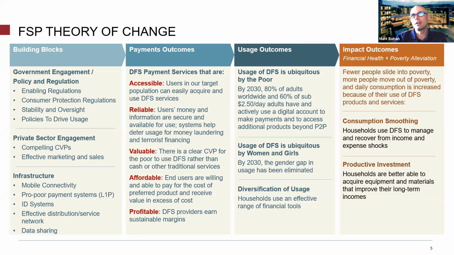To get there, helping smooth consumption, so allowing folks to manage their income with respect to financial shocks, is key, and then allowing people to have the investment capital they need to make those small investments to improve their incomes over time.